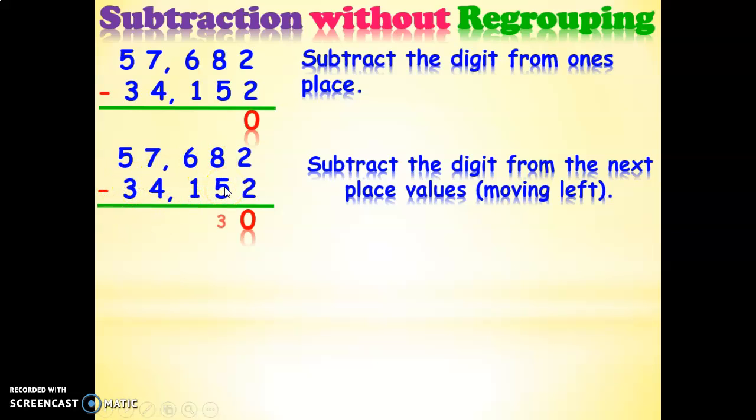The answer is 3. Next to tens place, we have hundreds place. That's 6 minus 1. The answer is 5. Next to hundreds place, we now move on to thousands place. 7 minus 4. The answer is 3.